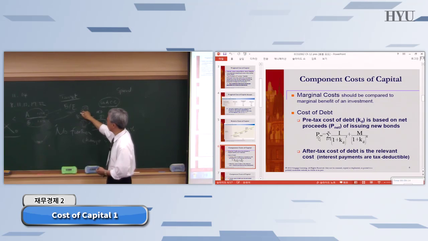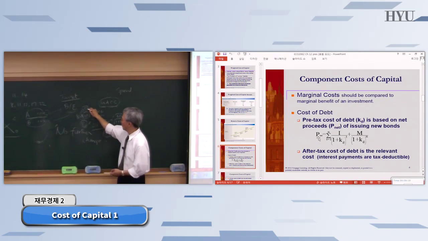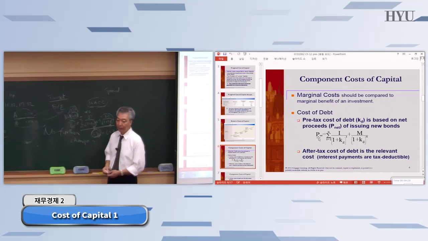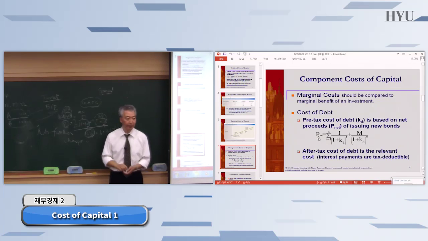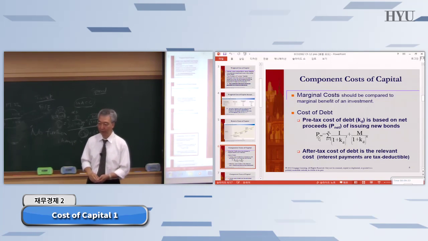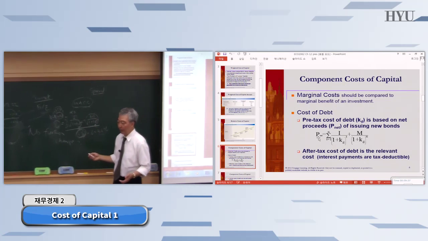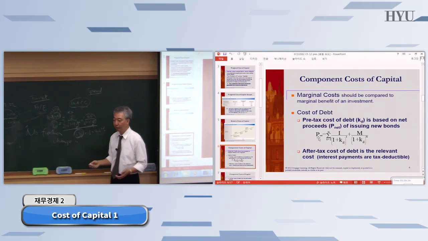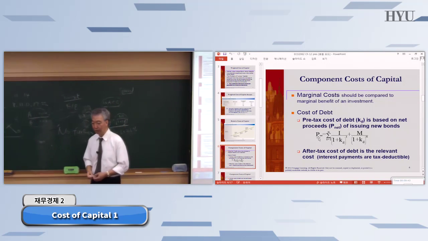That's the net proceed. So the difference, $50, is called the spread. What happens to this spread? Investment bankers keep this spread. That's how they make money. It's basically a fee, a service fee for their advice and actual work.